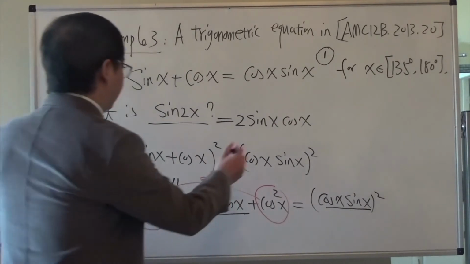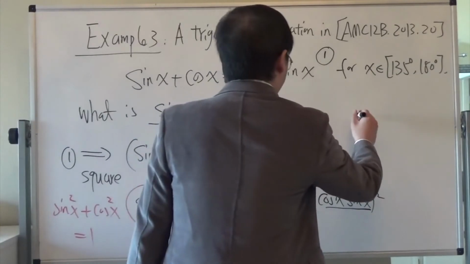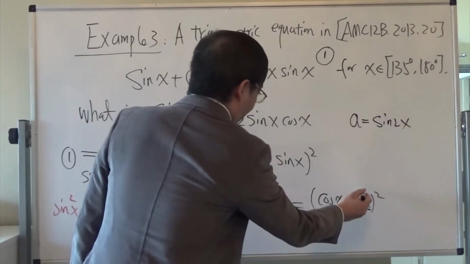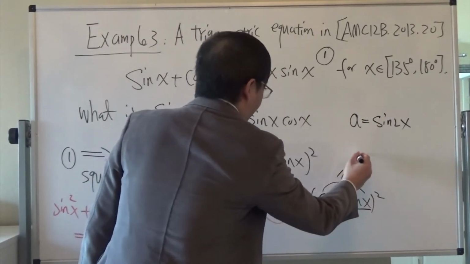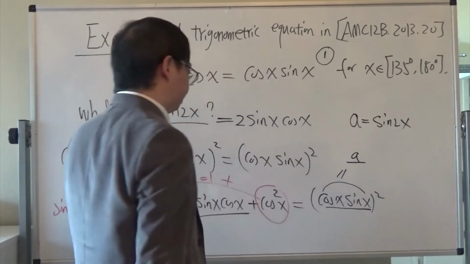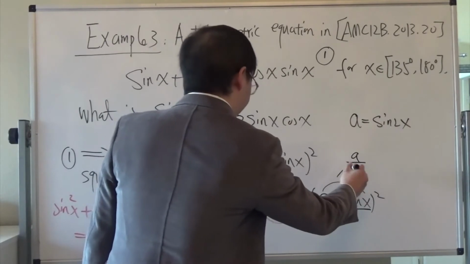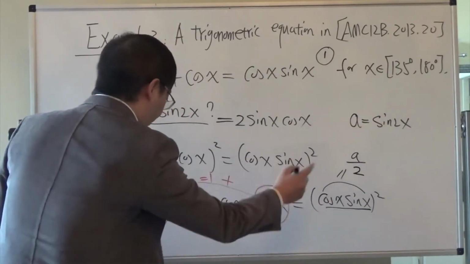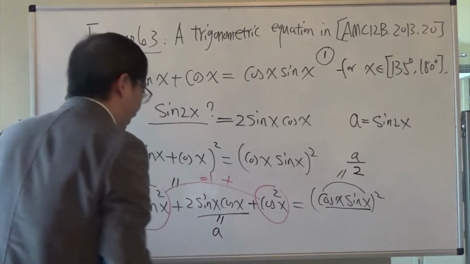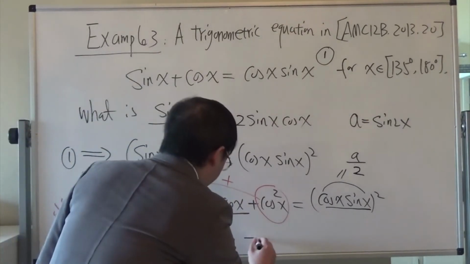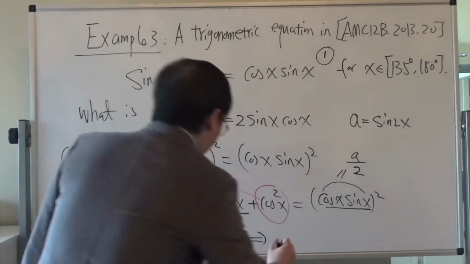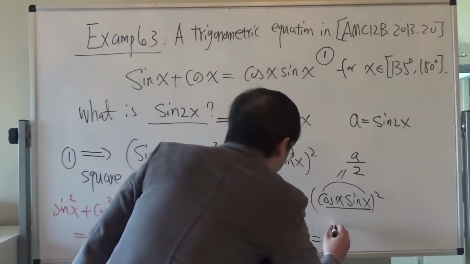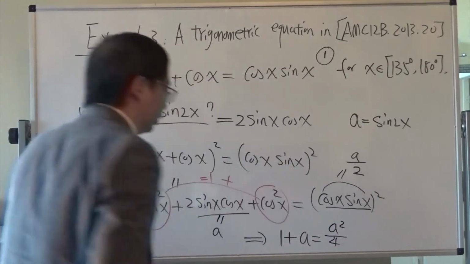If I let a equal sine 2x, then this one just equals a over 2, and this is just a. You see, we get an equation in a, so we get a quadratic equation. We get 1 plus a equals a squared over 4, right?